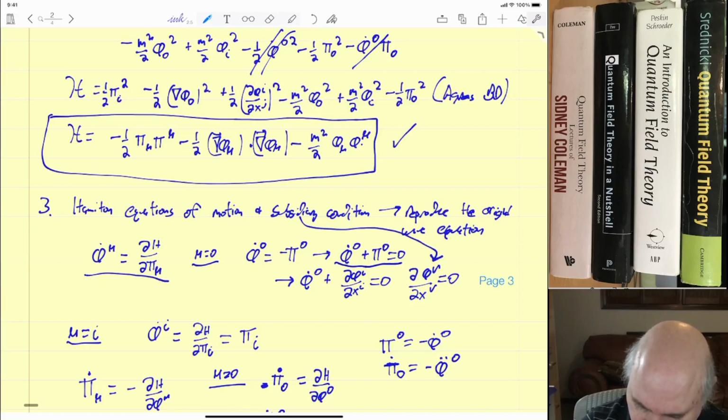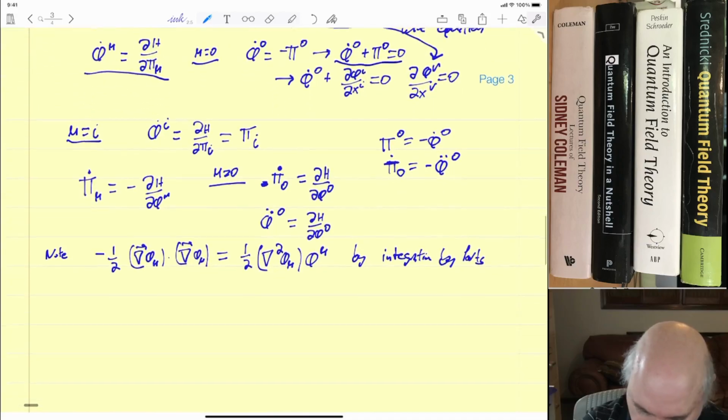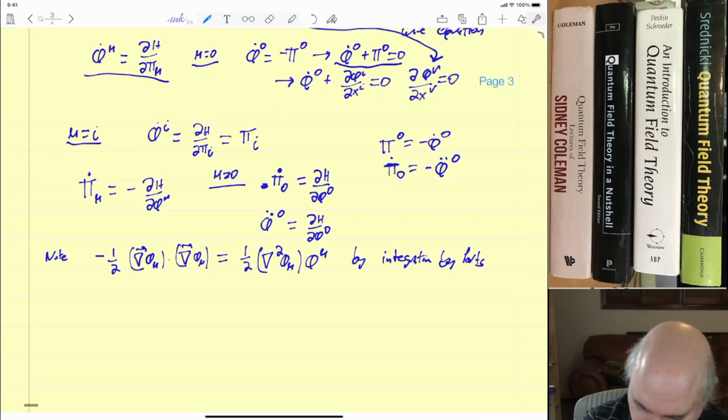This is the term I'm working on here. These are pi's, so I need the phi terms, these two terms here. So now I get that using this, the partial of h with respect to phi 0 is equal to del squared phi 0.